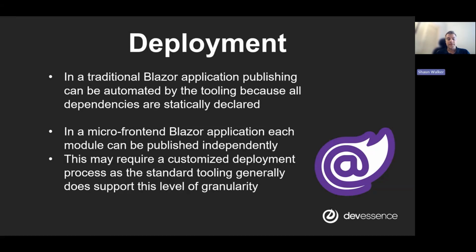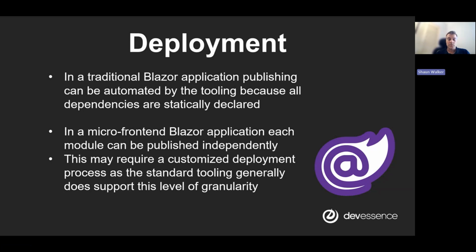And then deployment. In a traditional Blazor application, you can use the standard publishing mechanism that's part of dotnet publish or through Visual Studio or VS Code to automatically build the set of assets that are part of a deployment.